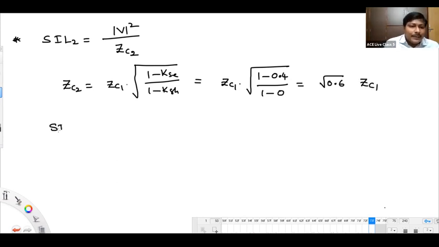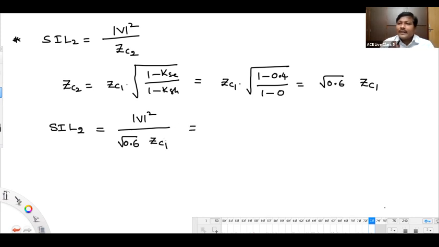So surge impedance loading in the second case will be mod V square by ZC2, that is root 0.6 into ZC1. What is mod V square by ZC1? That is SIL1. So it is SIL1 by root 0.6. SIL1 is P2.